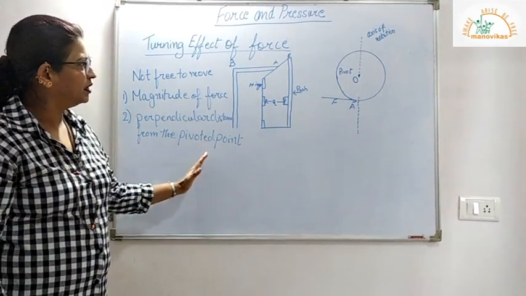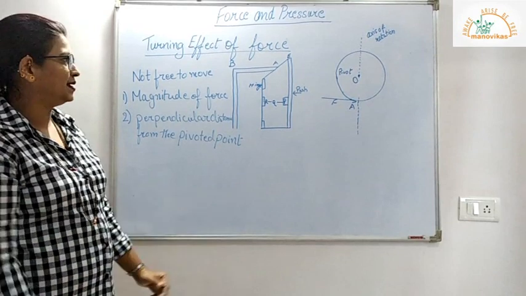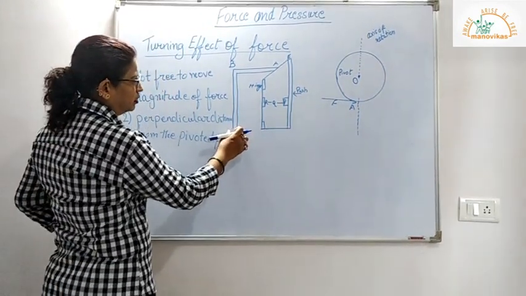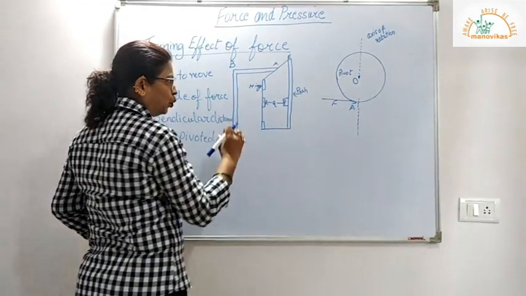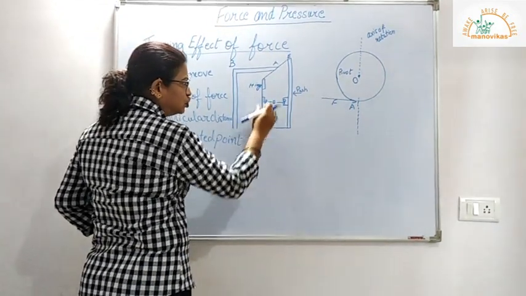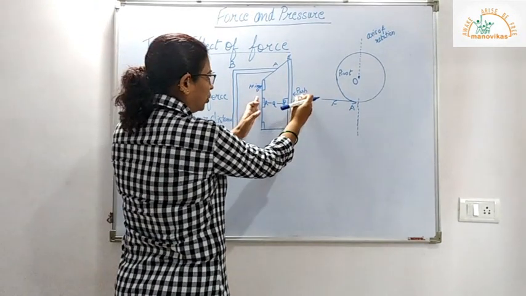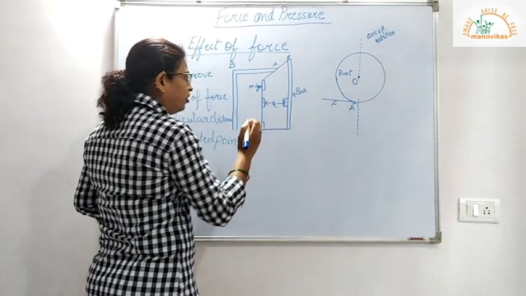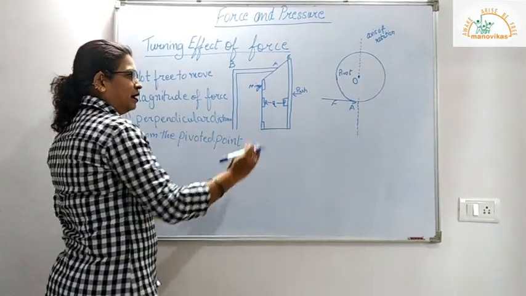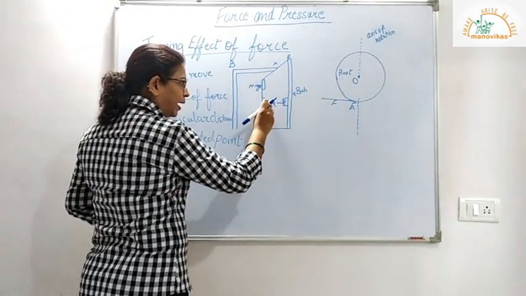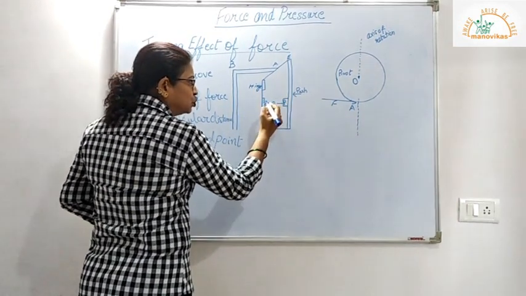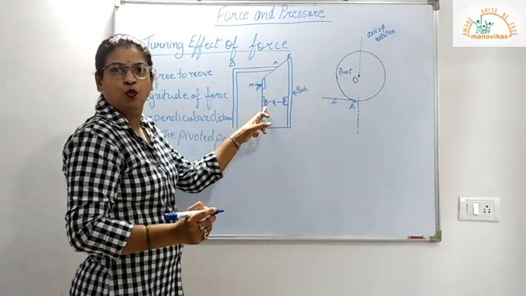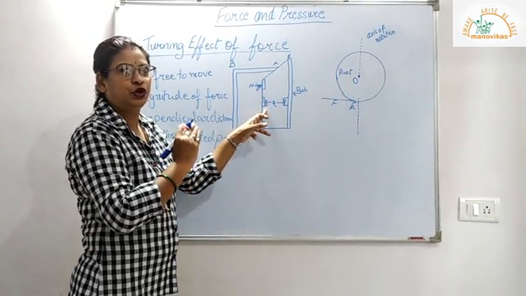Now to understand this better, we take an example of a door. Here there is a frame of the door. This is the hinge over here at which the door can be pushed and pulled. Now if we try to apply a magnitude of force and try to push the door from the point R, it won't be easy to push the door.